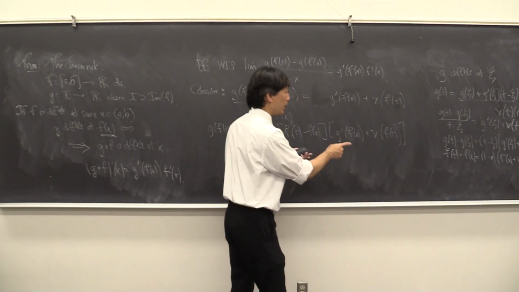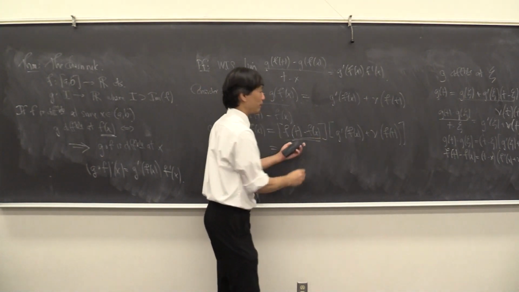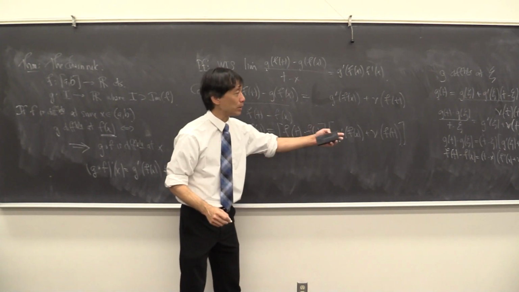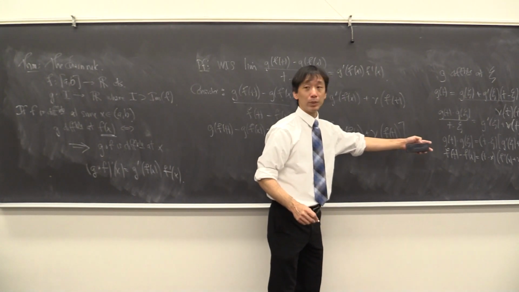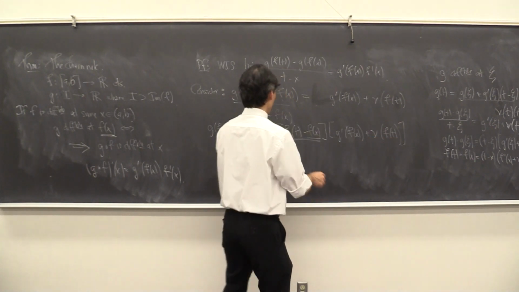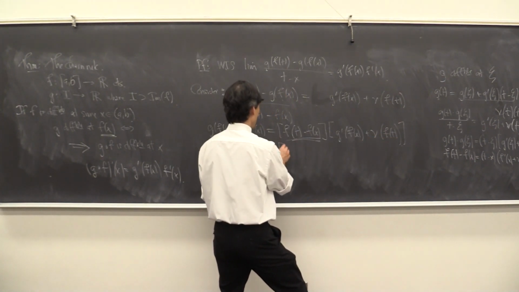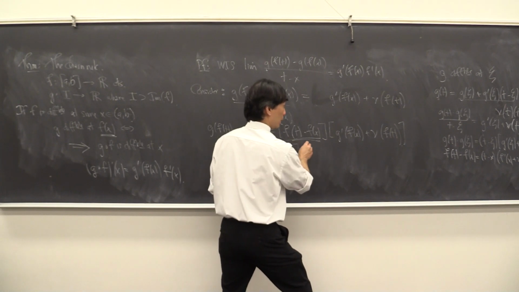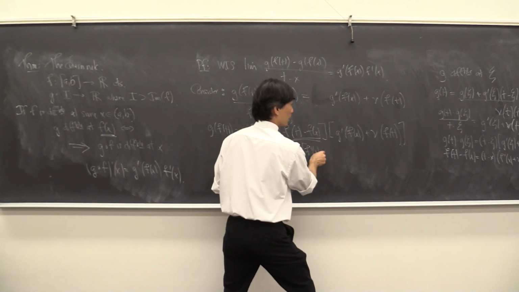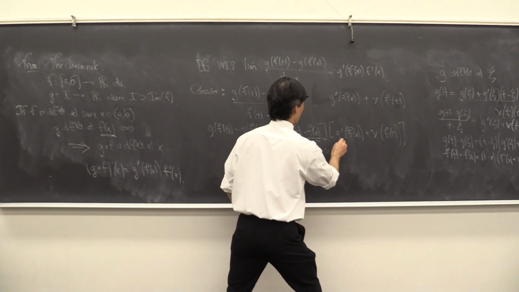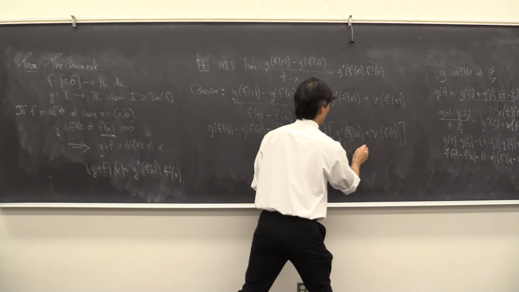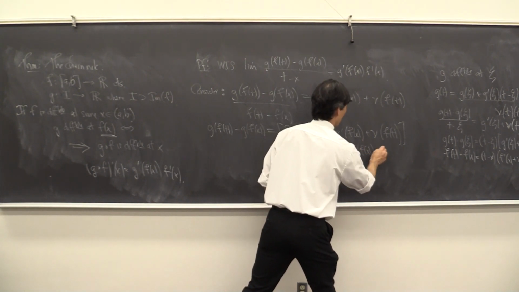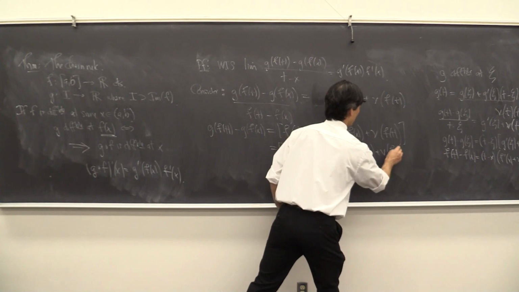So I'm going to use that now. I've got f of t minus f of x here, and I'm just going to substitute in the tangent line form for it. So that's just t minus x times f prime x plus u of t, times g prime f of x plus v of f of t.